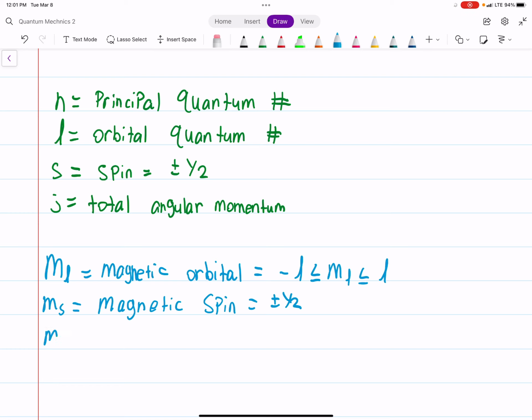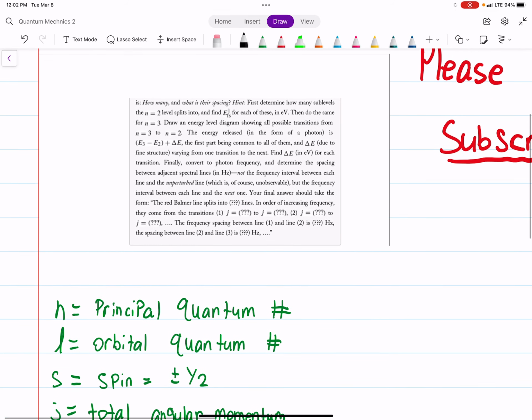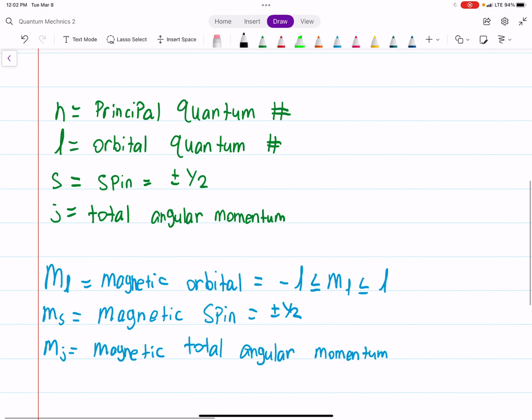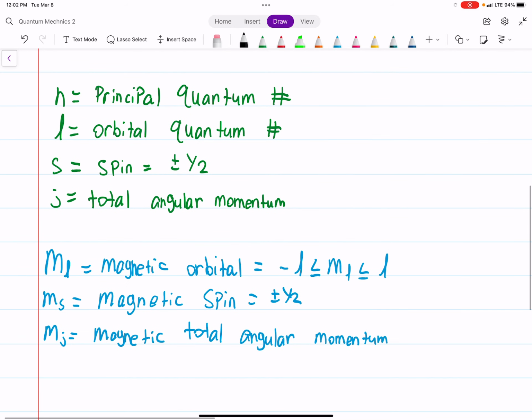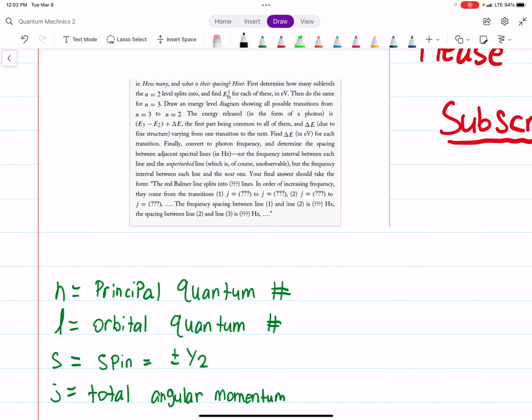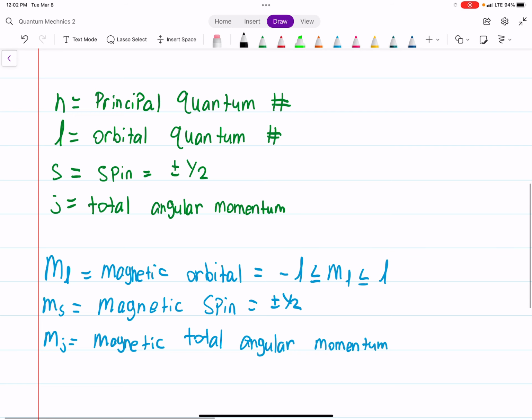And then we have M sub J, which is the magnetic total angular momentum. So we're going to go through all these different quantum numbers in a bunch of these problems. I just wanted it to be clear what it is that we're actually looking at. So just getting that out of the way.